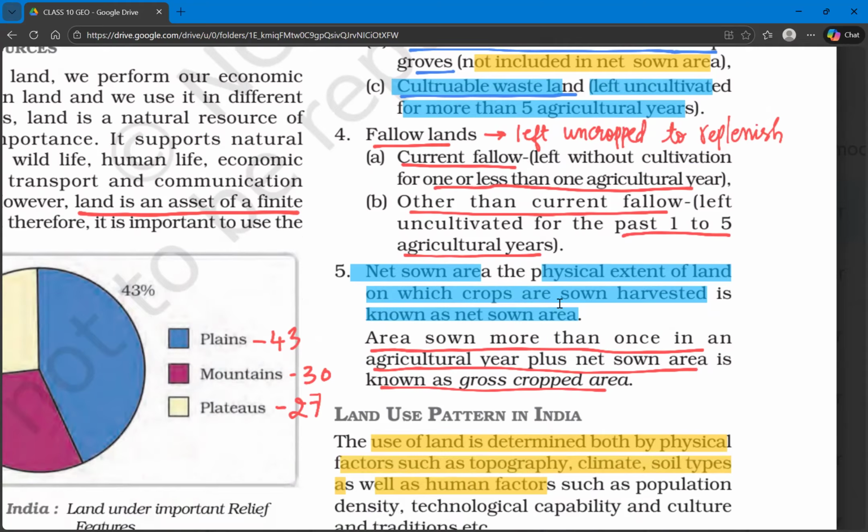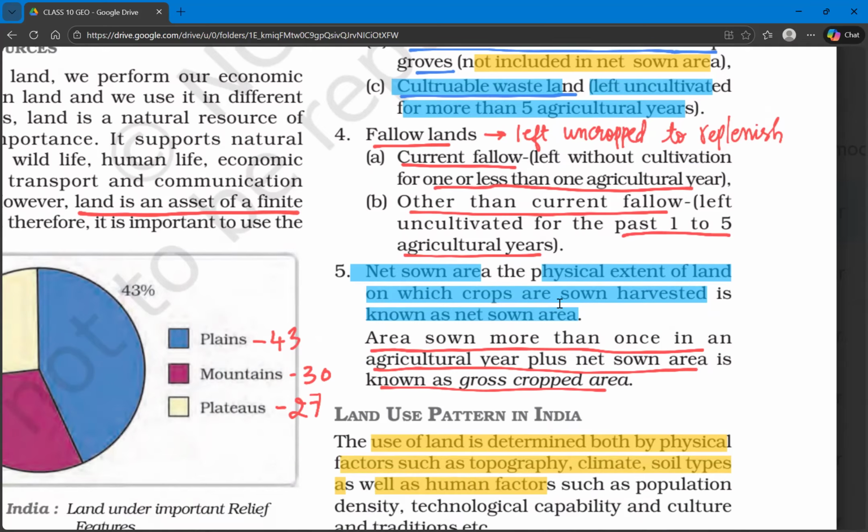The next one is net sown area. Net sown area means the current land on which the crops are sown and harvested. So at this point, if you try to calculate the land on which the crops are sown, that is called net sown area.